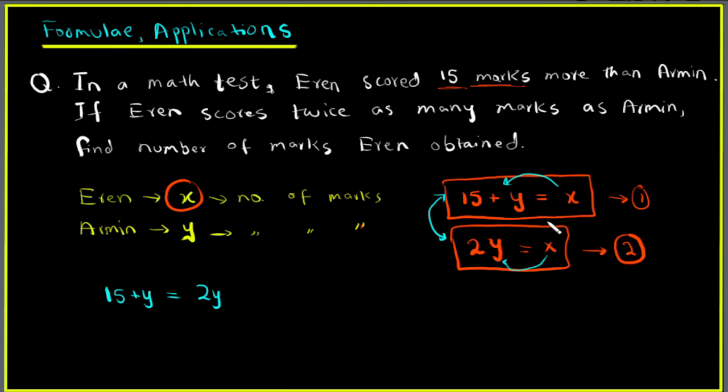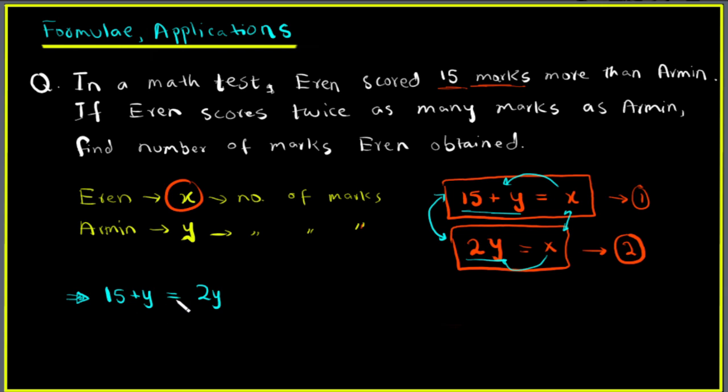We are just equating these two equations together, since both are giving us information for X. So 15 plus Y is equal to 2Y, and the last part of this problem is to just solve this algebraic equation, which I'm sure you would easily be able to do.